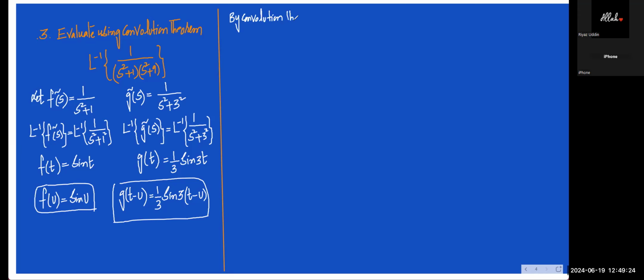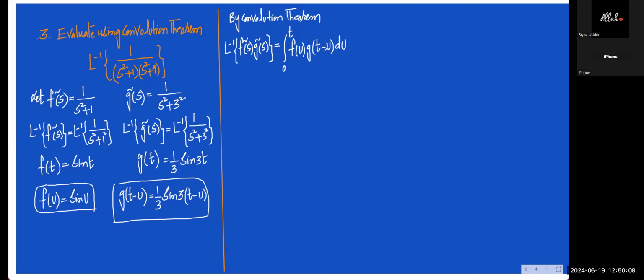By convolution theorem, Laplace inverse of f bar of x into g bar of x is equal to the integral 0 to t f of u and g of t minus u into du.